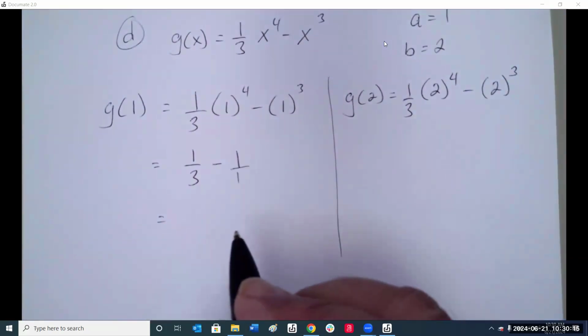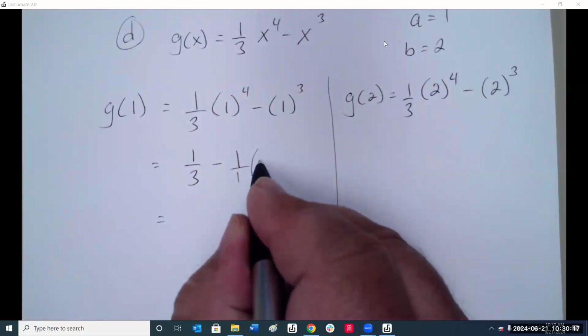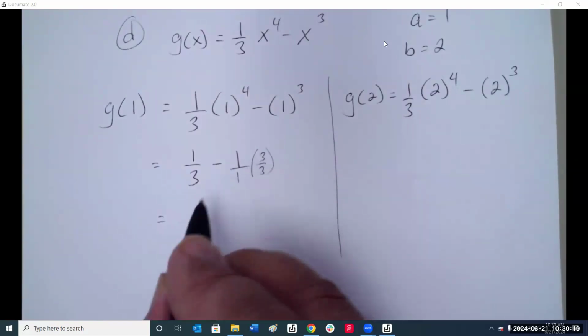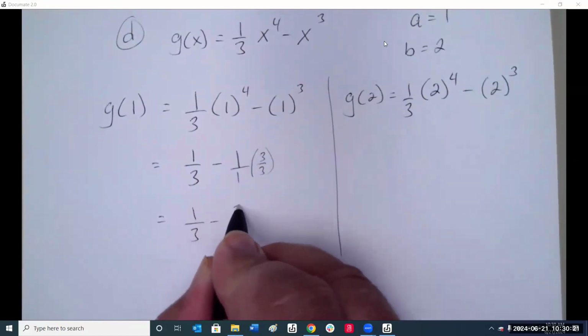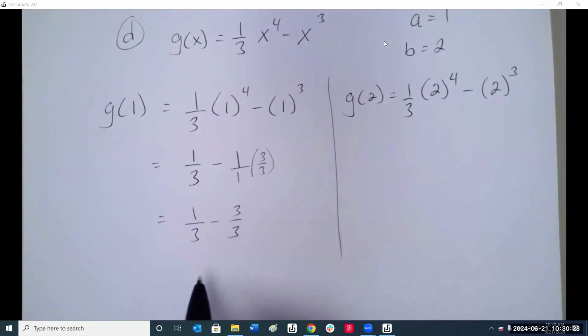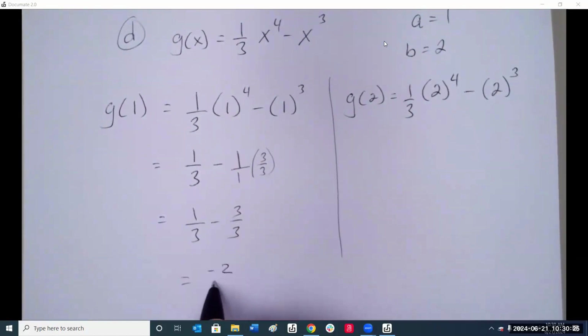This is 1/1. Get a common denominator. 1/3 minus 3/3, negative 2/3.